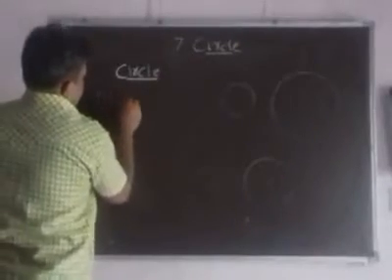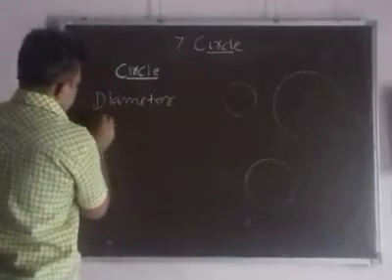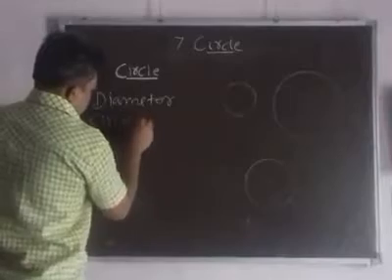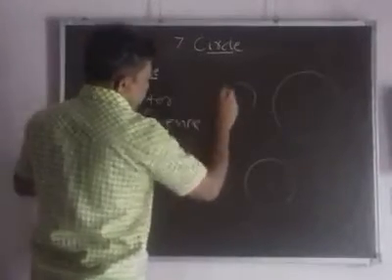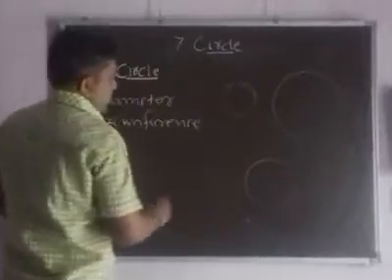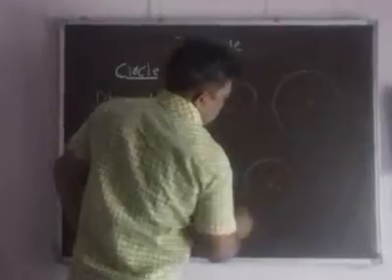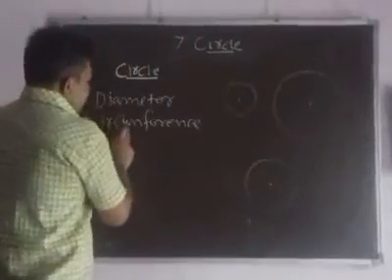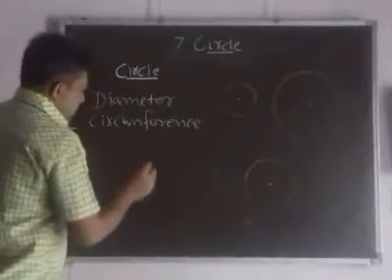We have seen the terms diameter and also circumference. For any circle, suppose this one and this one and this one, the circumference and diameter are different for all these 3 circles.